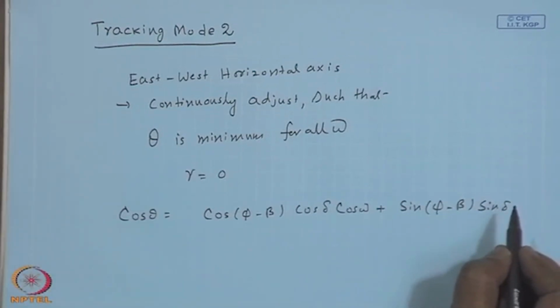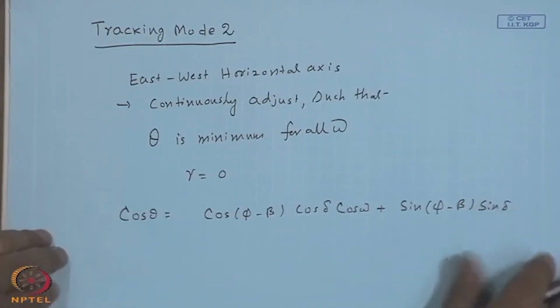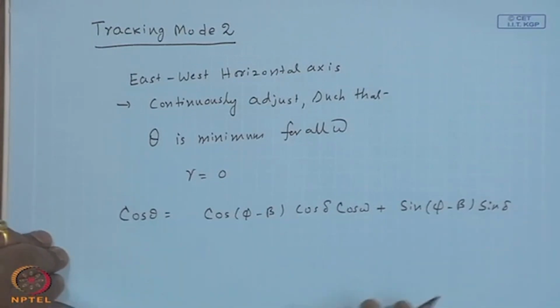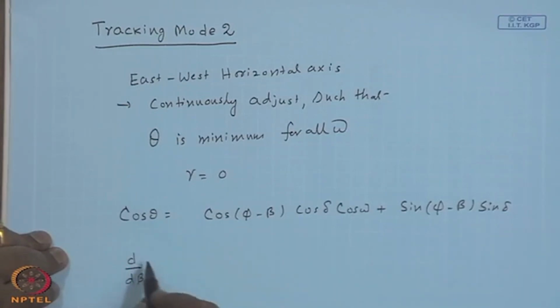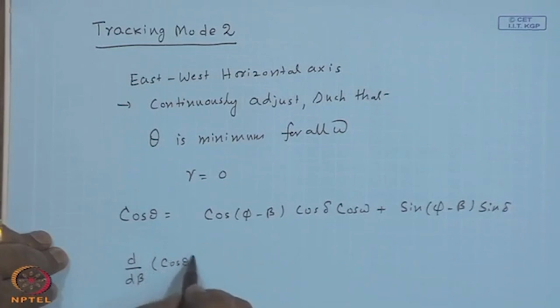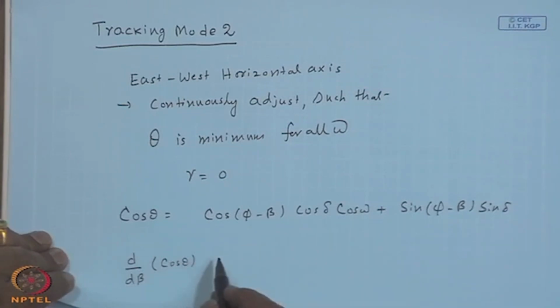Now, our objective is to make theta a minimum. So, what we do is we take d by d beta of cos theta and equate it to 0.